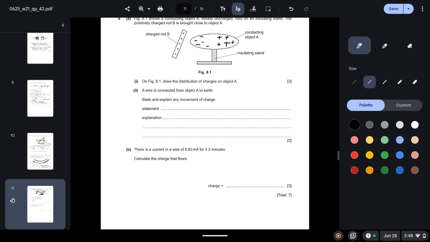A wire is connected from object A to earth. State and explain any movement of charge. We know that when we earth any object, negative charges flow from earth to the object.